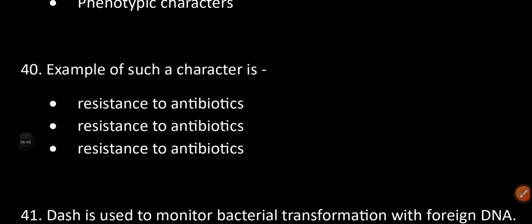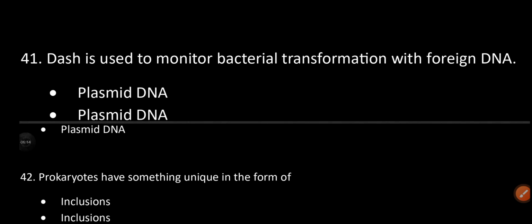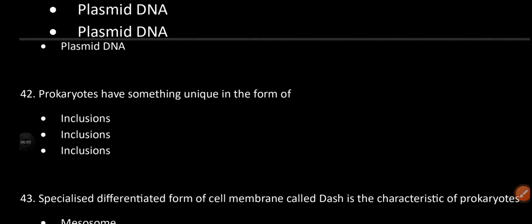Example of such a character is resistance to antibiotics. Dash is used to monitor bacterial transformation with foreign DNA. Plasmid DNA. Prokaryotes have something unique in the form of inclusions.